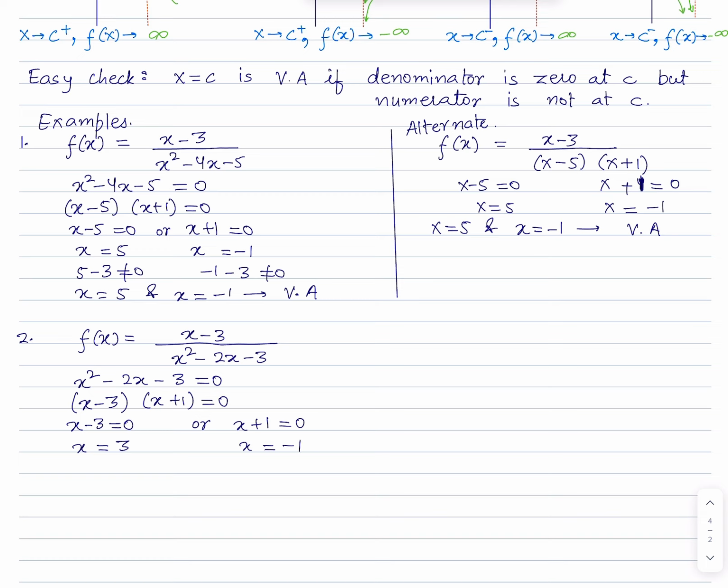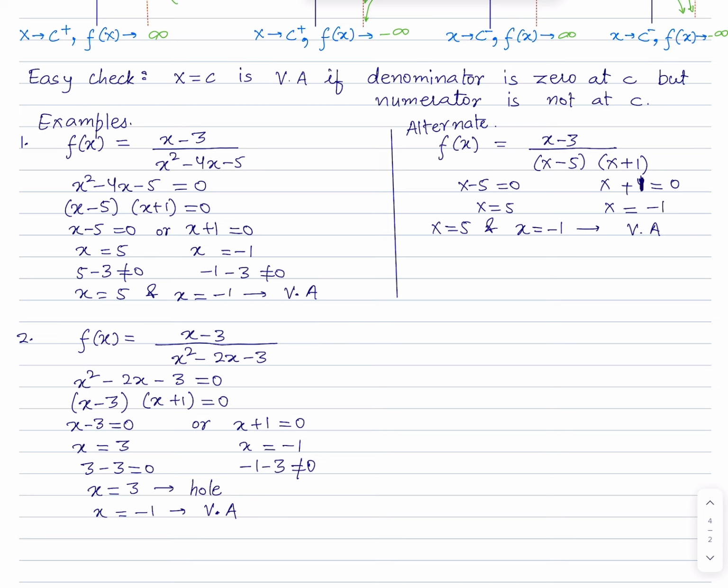Then we will check if our numerator is 0 on these points or not. So I am putting the value of my x in the numerator. At 3 it's 0, so x equals 3, we will call it a hole in the graph, and x equals -1 is your vertical asymptote.